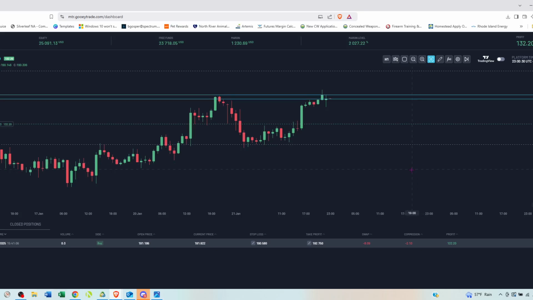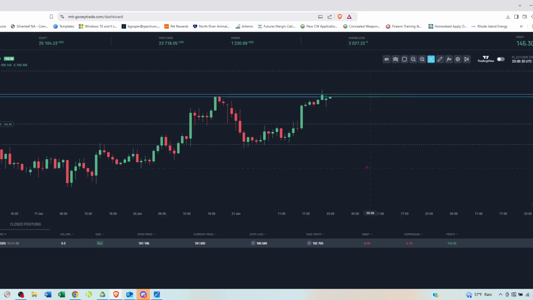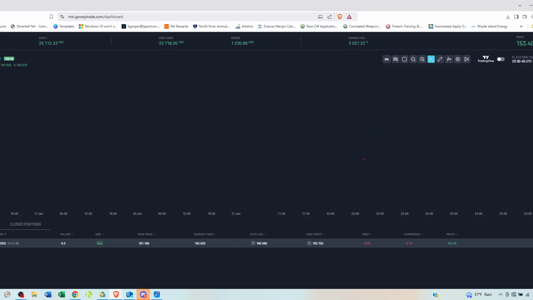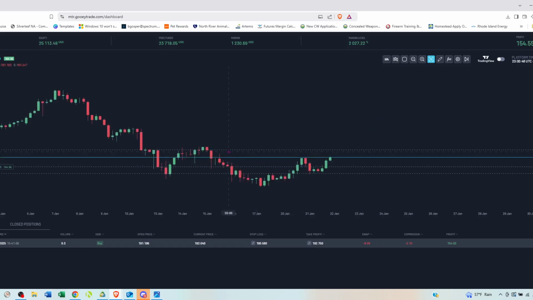So this is it right here. You can see I'm in this GBP yen. It is up about $150 right now, and so from a standpoint of target, we zoom out a little bit here. I do have my target back at this recent swing.